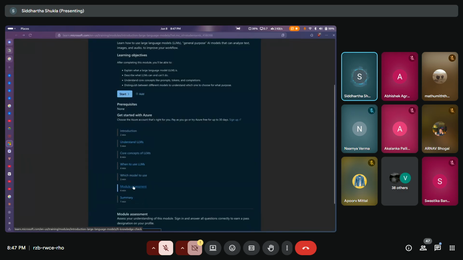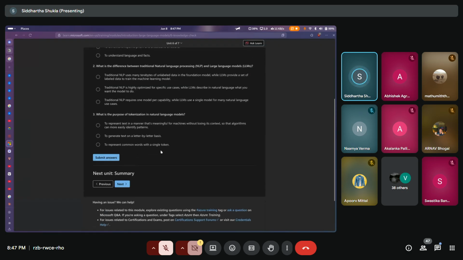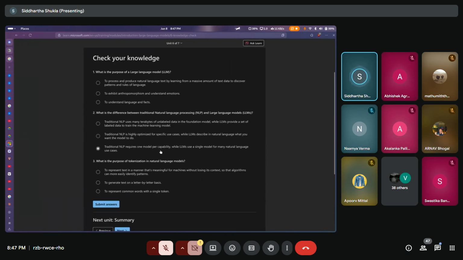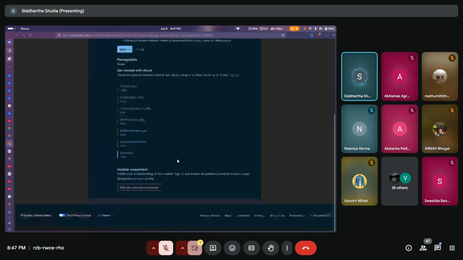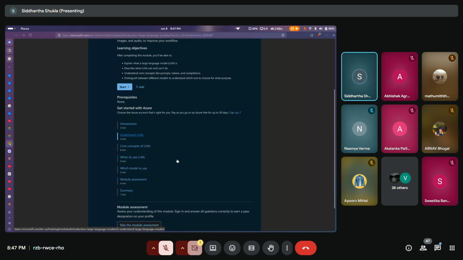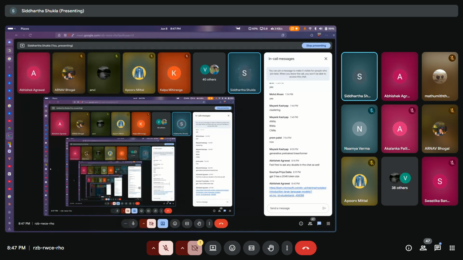Then you have your module assessment, which you can use to check how much you've understood about LLMs. And that's all. Then the summary, and then you're done.